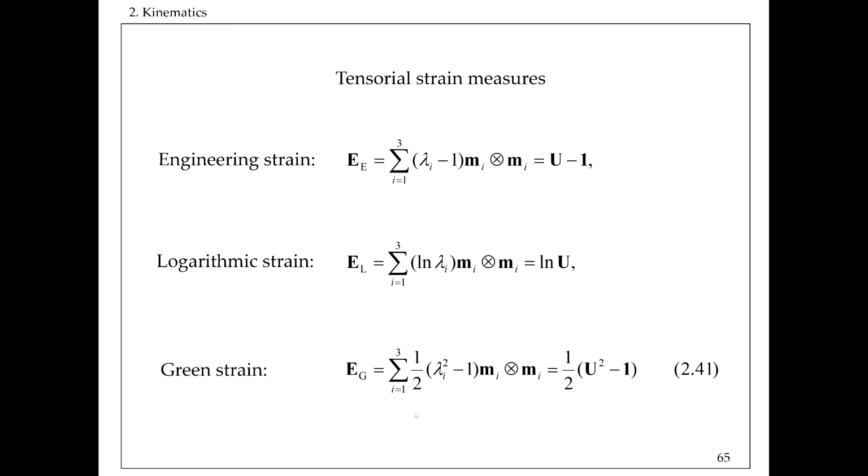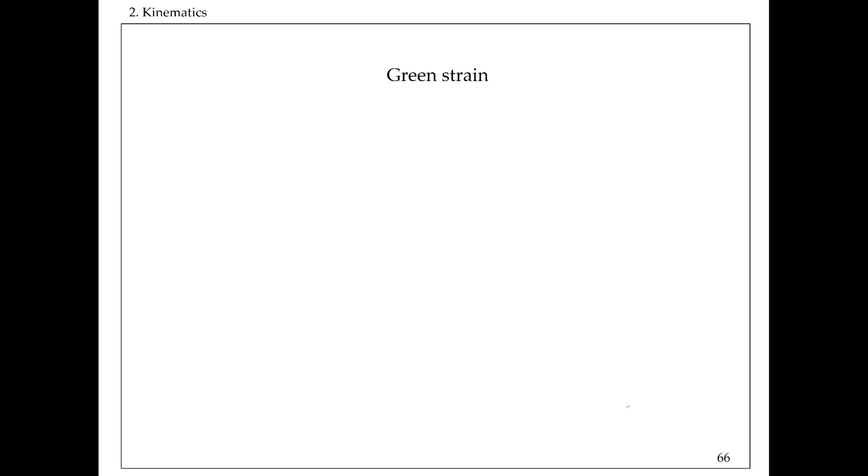Okay, so let's go and redefine what is here in that quadratic square of the right stretch tensor, and see what we are getting here, and maybe we can also connect it to the engineering strain in the tensorial case as well.